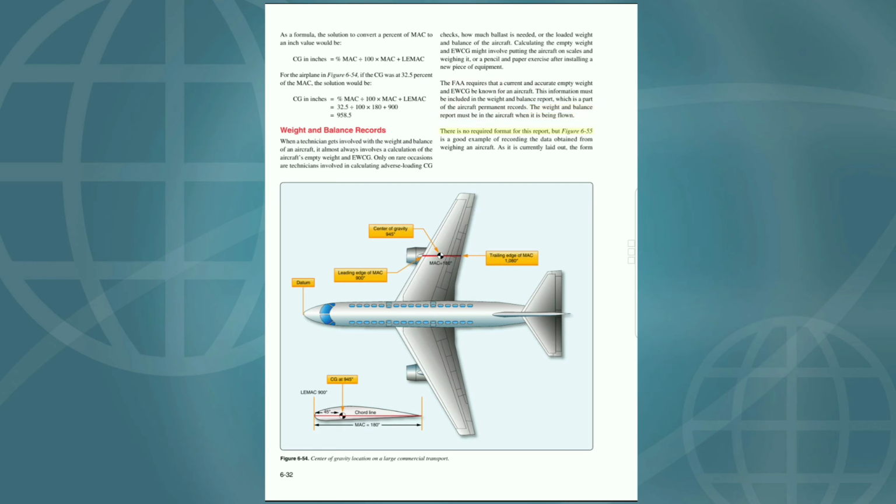There is no required format for this report, but figure 6-55 is a good example of recording the data obtained from weighing an aircraft. As it is currently laid out, the form would accommodate either a tricycle gear or tail dragger airplane.